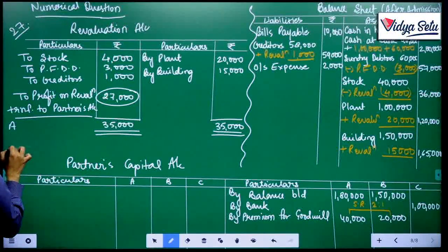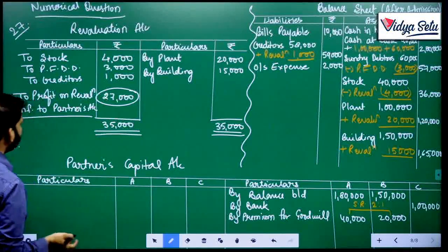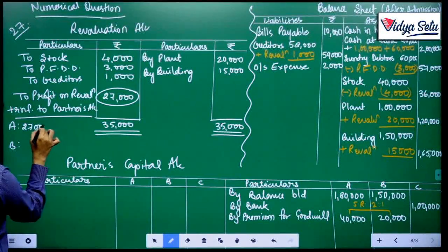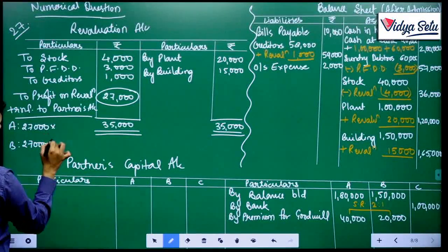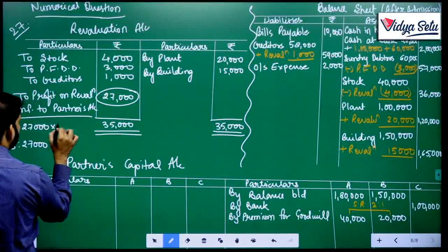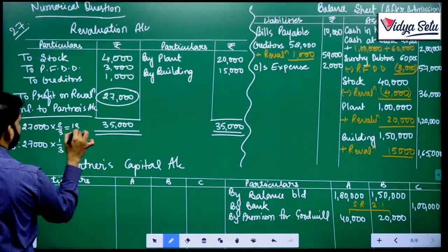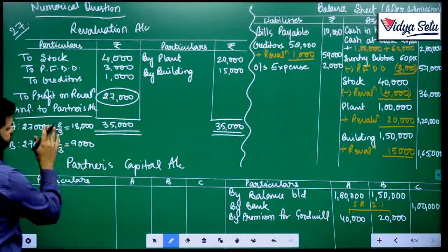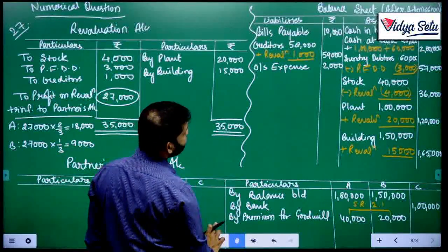A and B will get the share, because this revaluation will be borne by them. So this 27,000 will be distributed in their old ratio, which is given as 2:1. So 2 by 3 and 1 by 3 gives us 18,000 and 9,000. So this profit will go to their credit side.